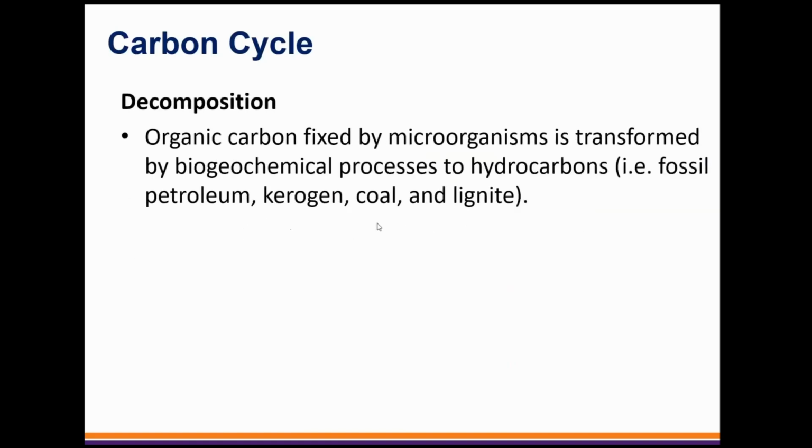The next process is decomposition. Decomposition is a very, very slow process. This happens when organic carbon obtained from an organism is transformed by biogeochemical processes to hydrocarbons, such as fossil fuels. These materials are slowly formed underground from the remains of plants and animals that died millions of years ago.